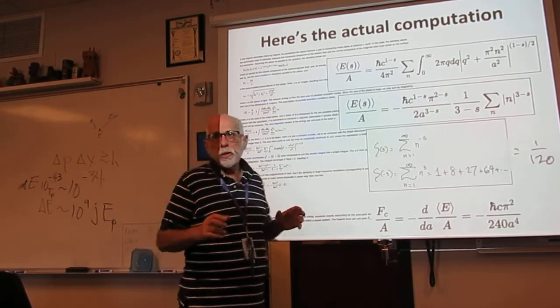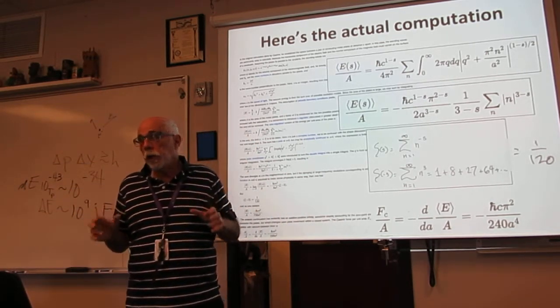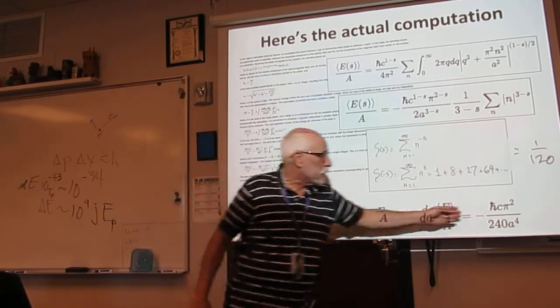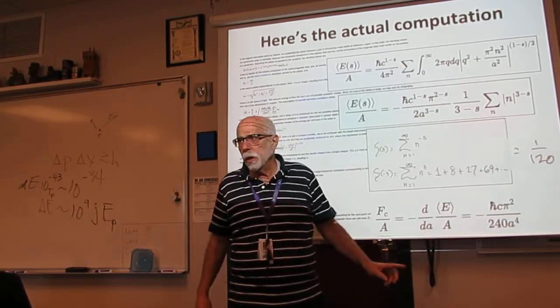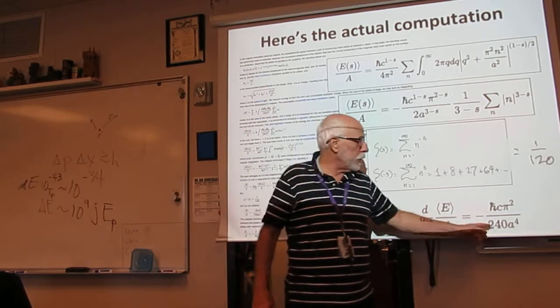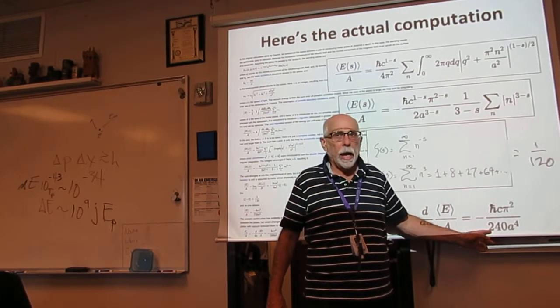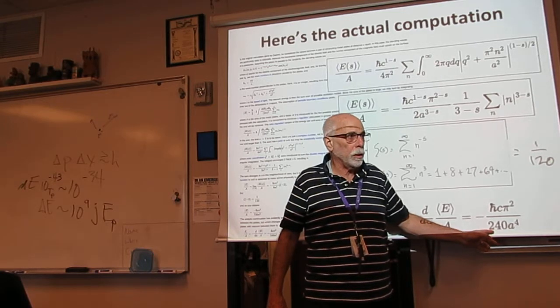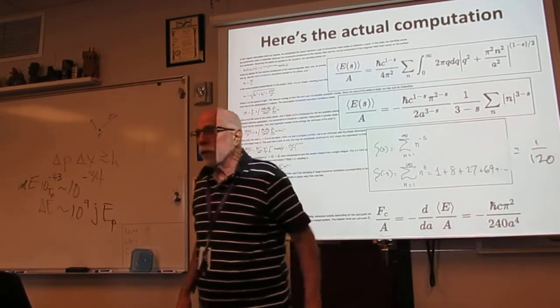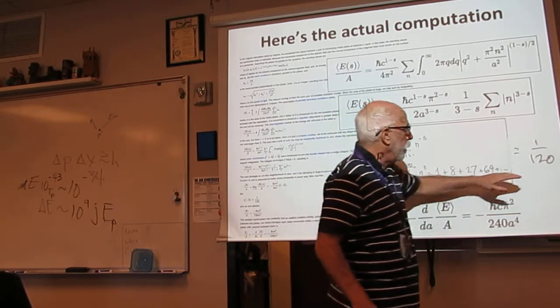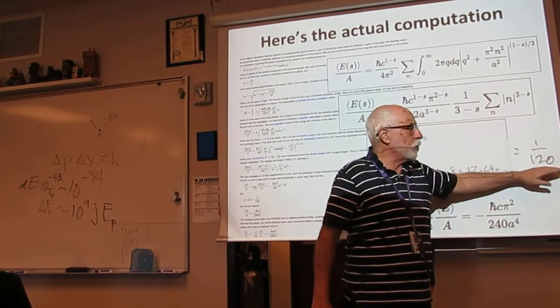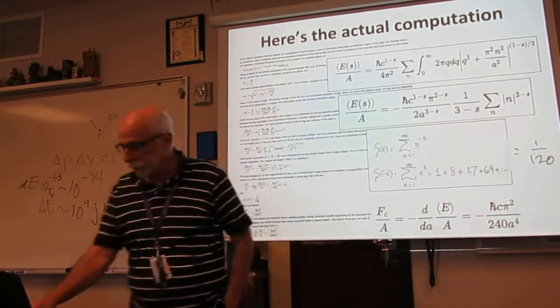If Casimir's theory is correct, he gets this. If it's correct, we should measure this pressure in the experiment that was done in the late 90s. And indeed we do. The only way you get the right answer is if you are willing to accept that the sum of the cubes is equal to 1 over 120.